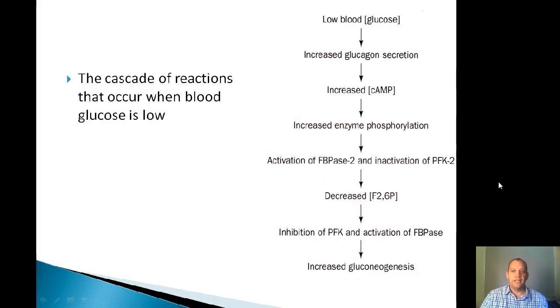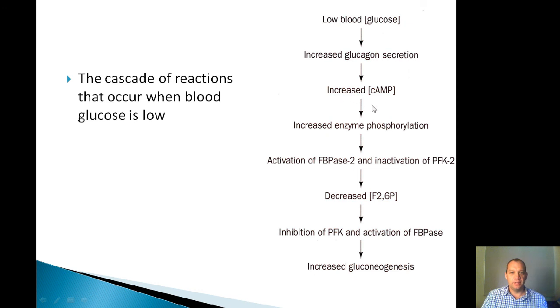So then just finally to summarize the cascade of reactions that happens when blood glucose is low, to give you a global idea of how this control works. When you have low blood glucose concentration, the body secretes glucagon.